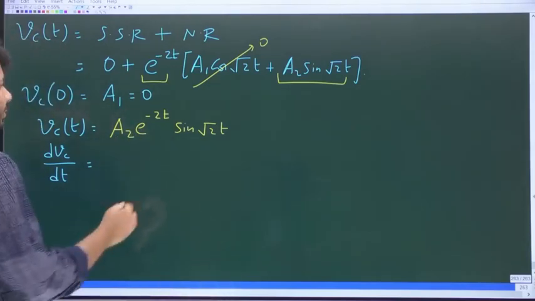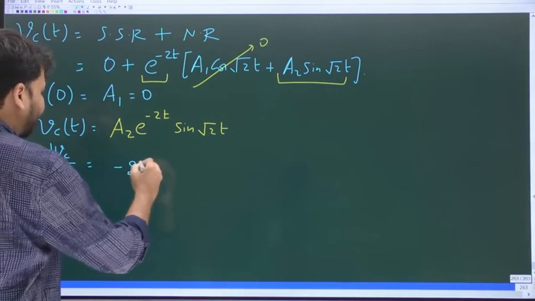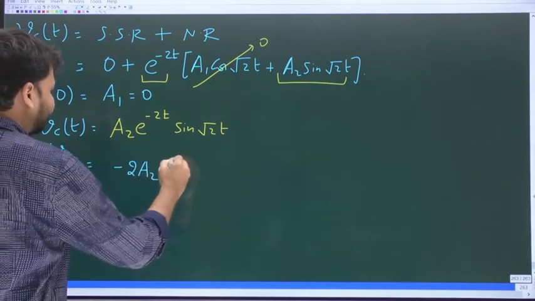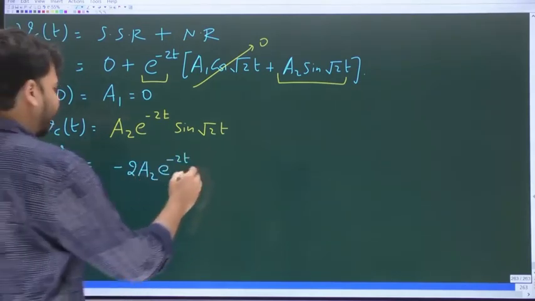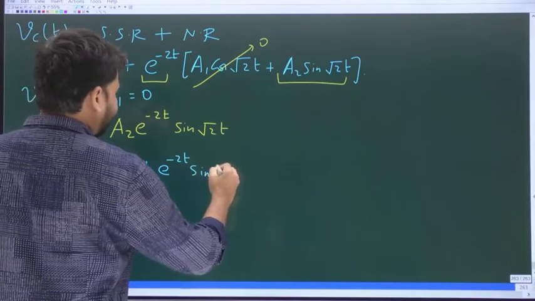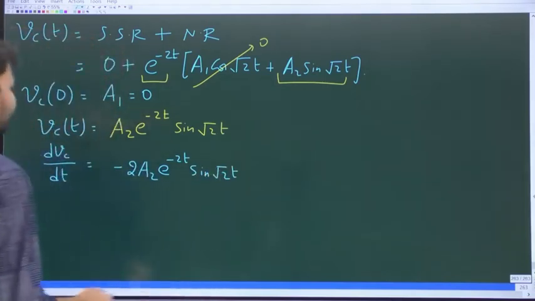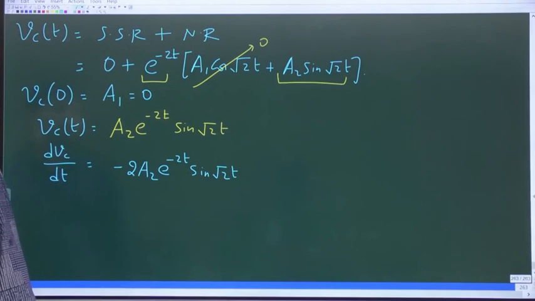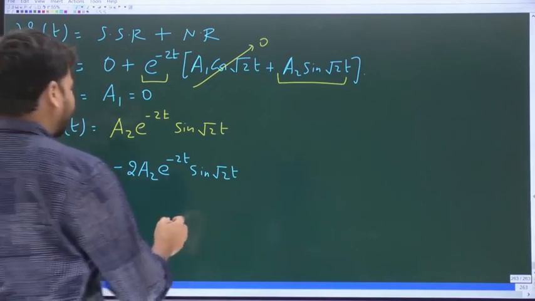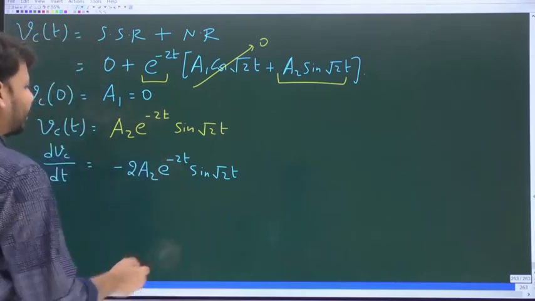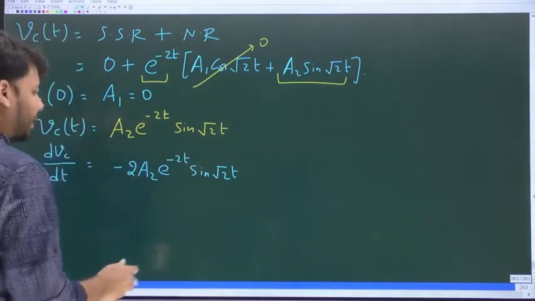Let's differentiate the exponential first. It will be minus 2a2 e power minus 2t sine root 2t. That is the derivative of the exponential. Now you should differentiate the sine function.